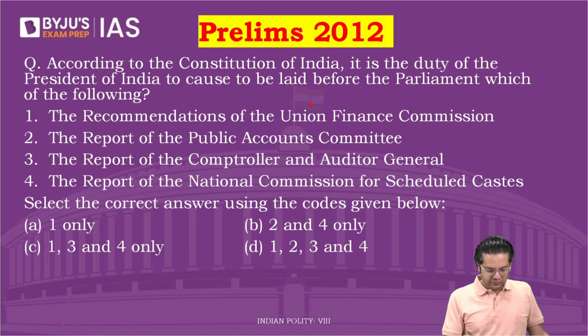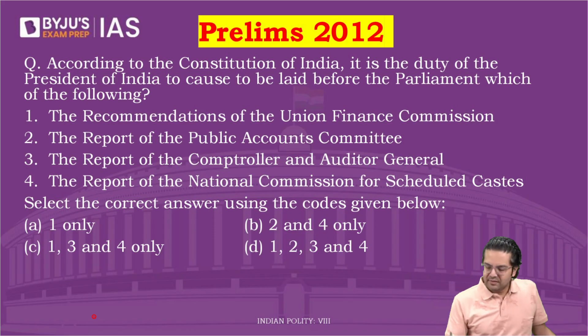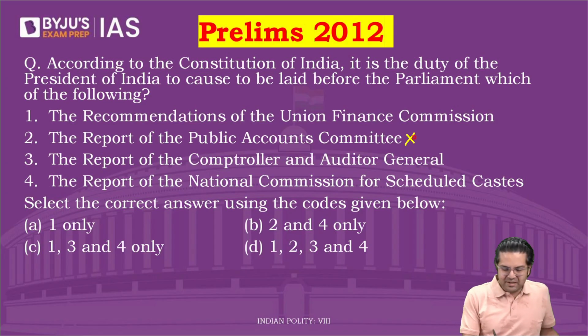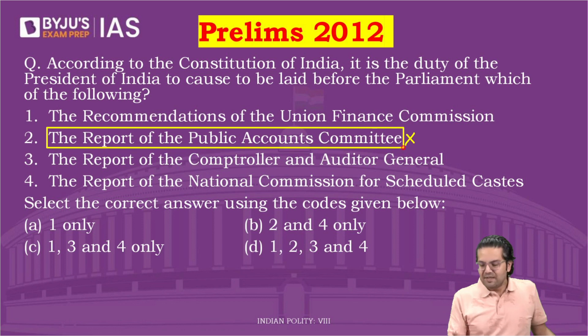The following reports. Every statutory and every constitutional body will submit its report to the president. PAC does not submit a report to the president. Is PAC mentioned in the constitution? Common sense? No. PAC tables its report to the presiding officer.